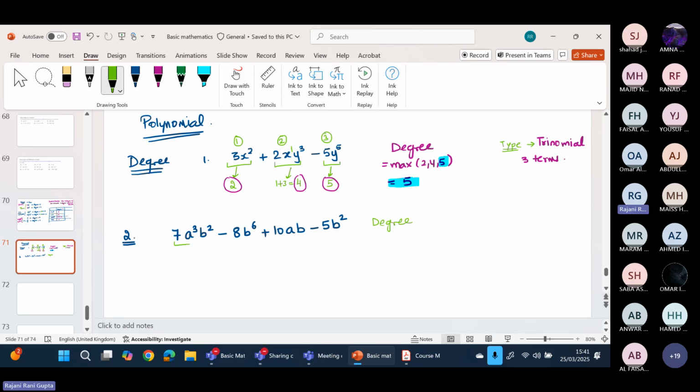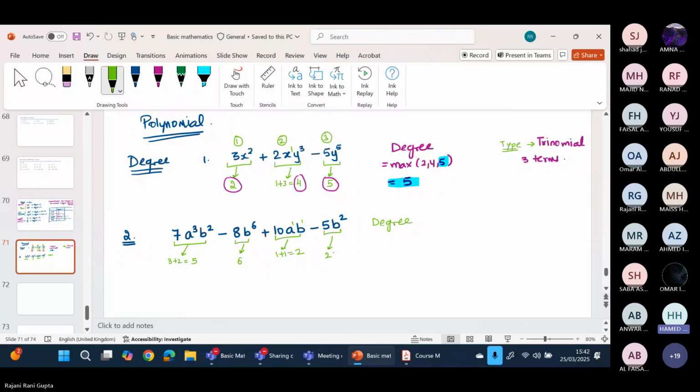Tell me the degree of the first term: 5, which is 3 plus 2. Degree of the second term: 6. Degree of the third term: 2, 1 plus 1. Okay, good. What is the degree of the fourth term?